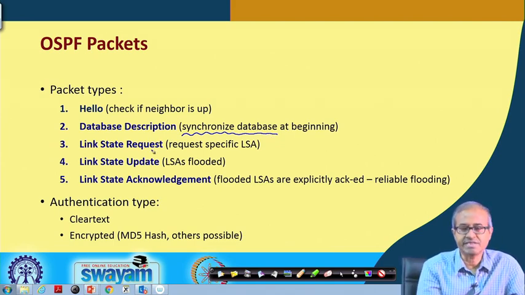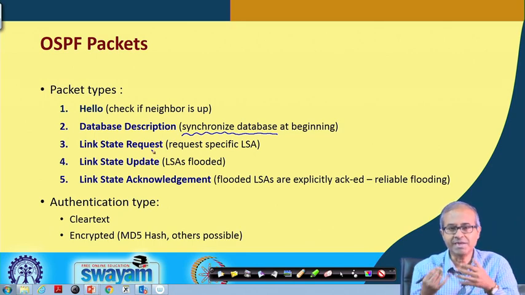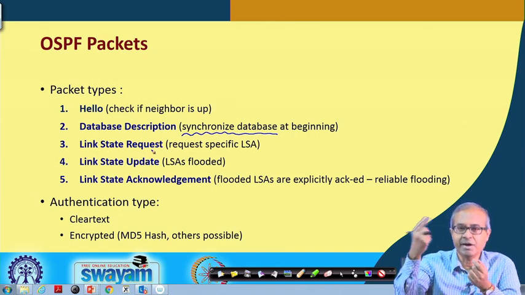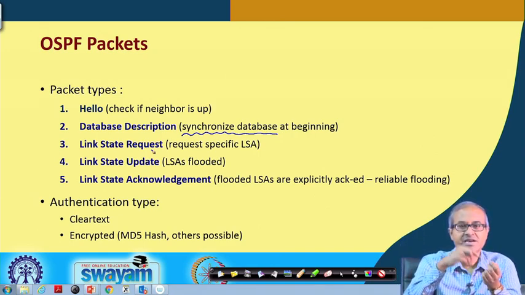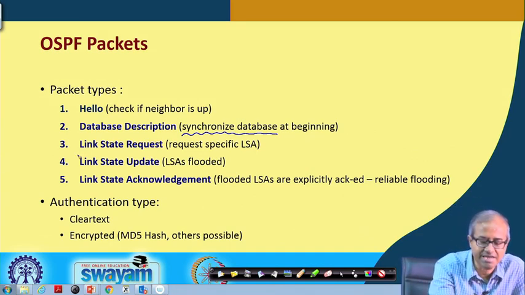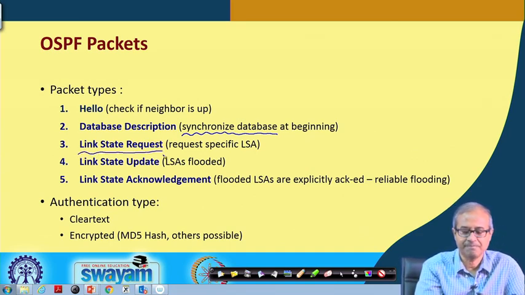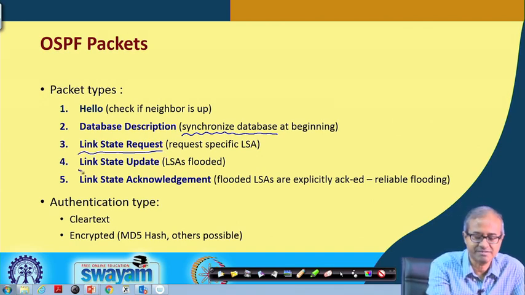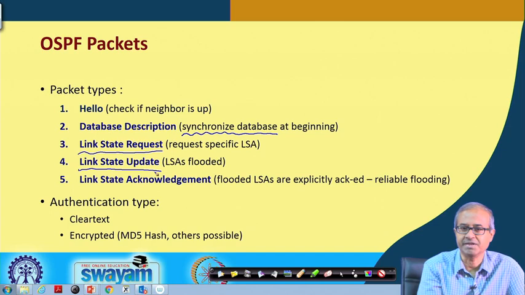Link state request: some router might, due to some reason, have lost its routing table. It might specifically request link state information from some other router. This is called link state request, and the link state advertisement is this link state update.